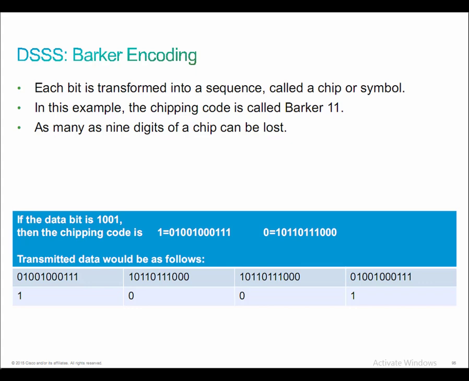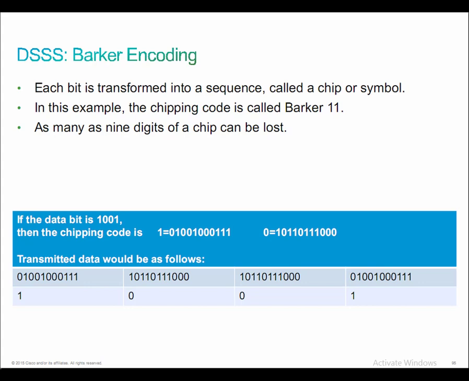And I can extrapolate, based on that 11 bits of information, what that bit is supposed to be if I miss bits or bits are interfered with. All right. This is called the Barker Code 11 encoding method. And that's the first encoding scheme that we learn in this particular lesson.